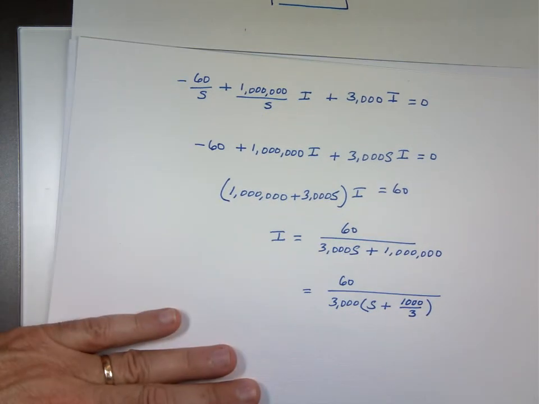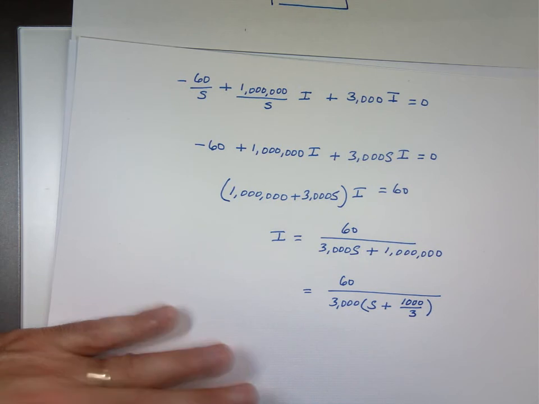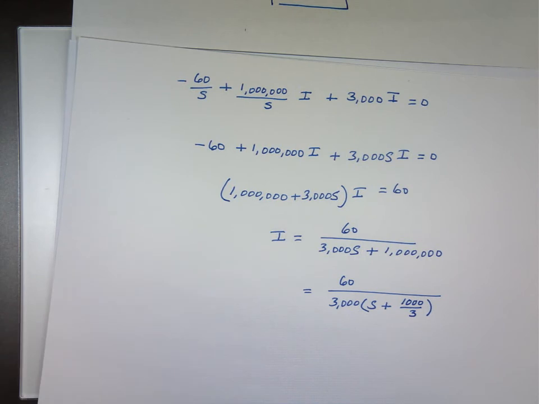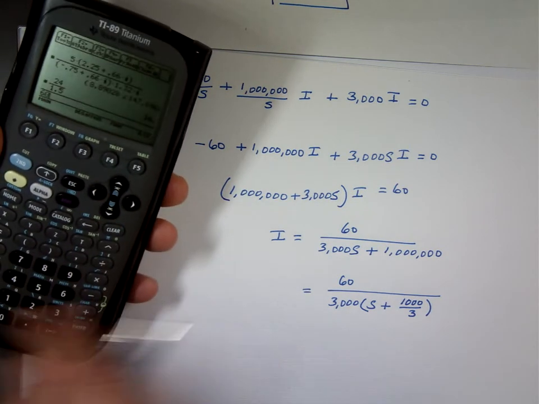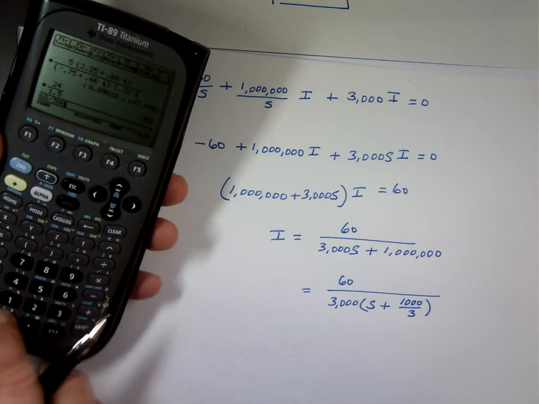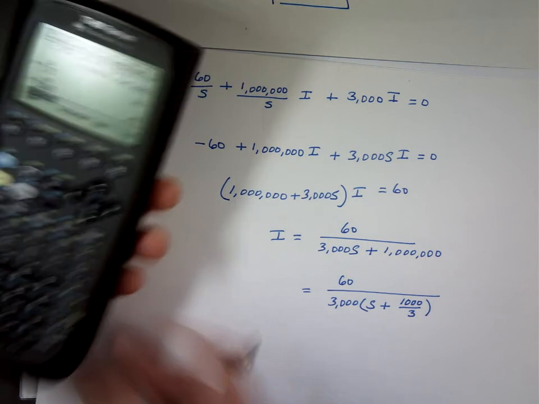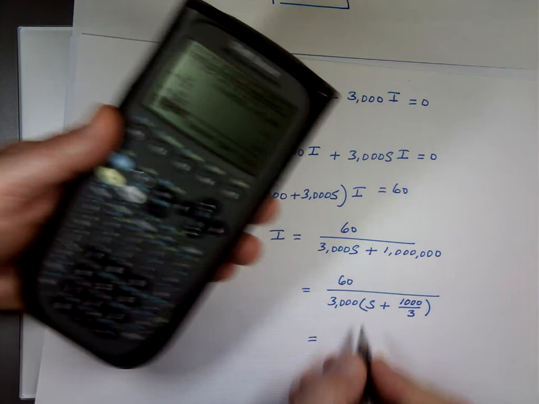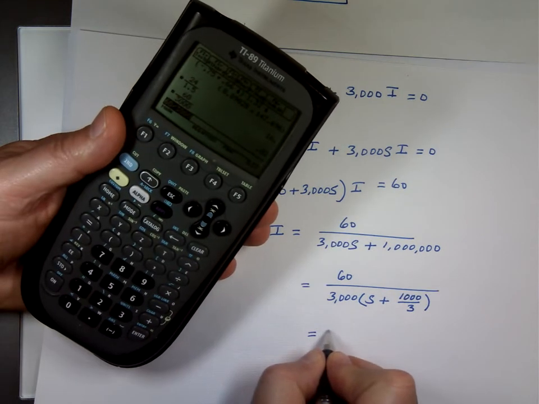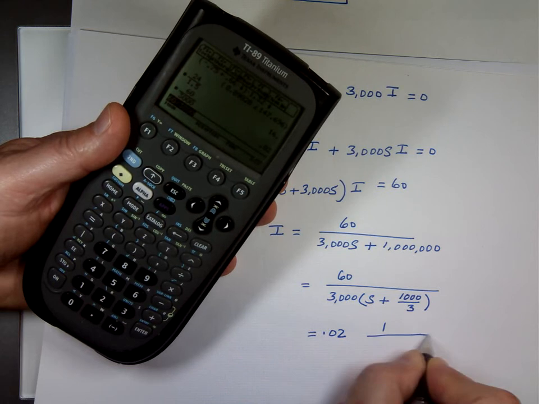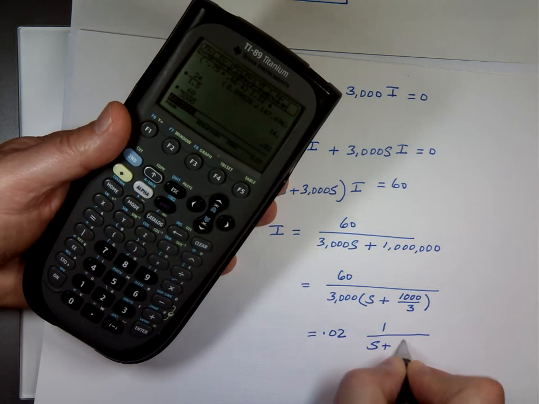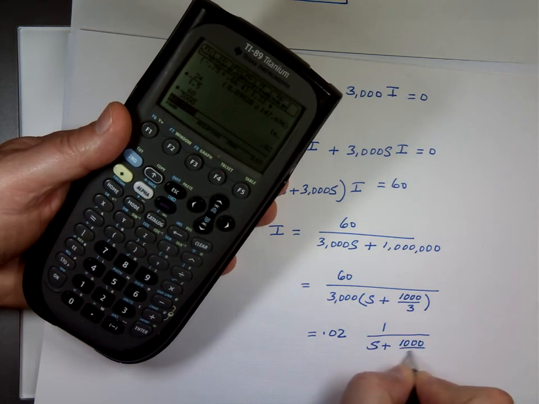What is 60 over 3,000? 0.02. Yeah, 1 over 50, right? 0.02 times 1 over S plus 1,000 over 3, that's I as a function of S.